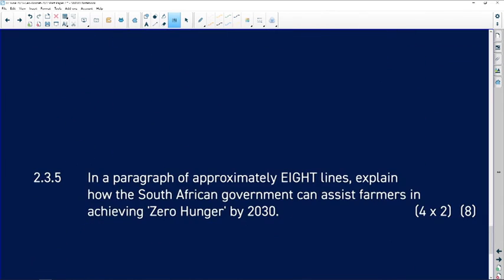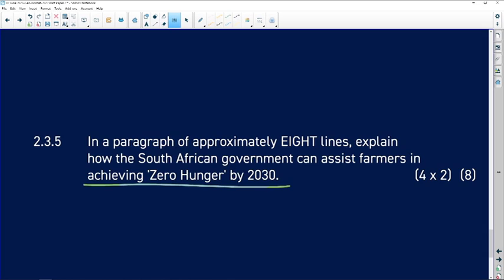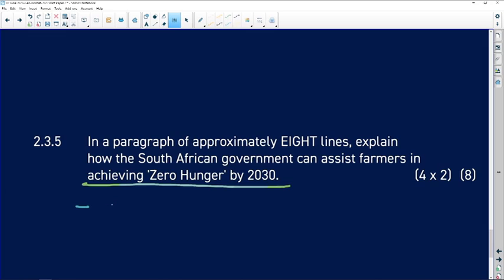2.3.5, in a paragraph, 8 lines, explain how the South African government can assist farmers in achieving zero hunger. So the purpose of this question is, how are we going to eliminate food insecurity in this country by the year 2030? Okay, first and foremost, we need the government to work with us. Government gives funds to increase productivity.